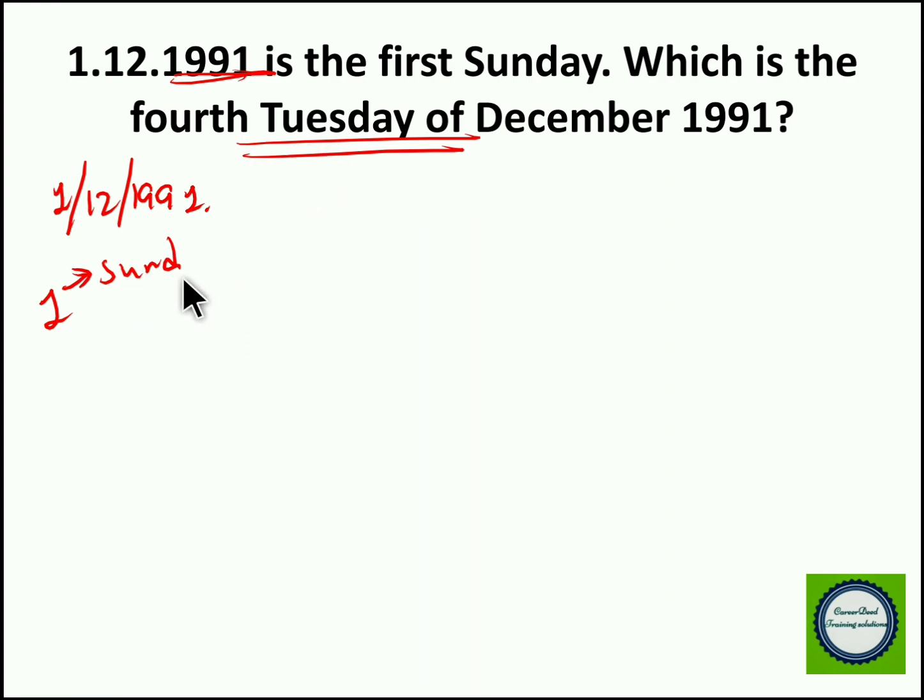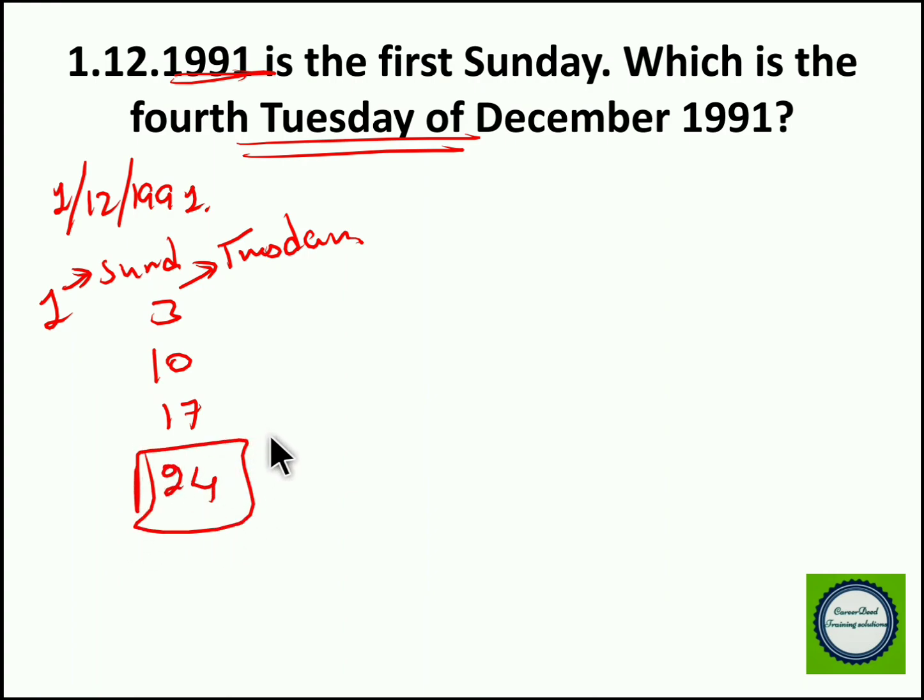So if the first day is Sunday, then the first Tuesday falls on the 3rd. When you add 7, you get 10, so 10 is the second Tuesday. Again plus 7, 17 is the third Tuesday. Plus 7, 24 is the 4th Tuesday. So the 4th Tuesday falls on 24/12/1991. So this becomes our answer. Hope you understood the problem, right?